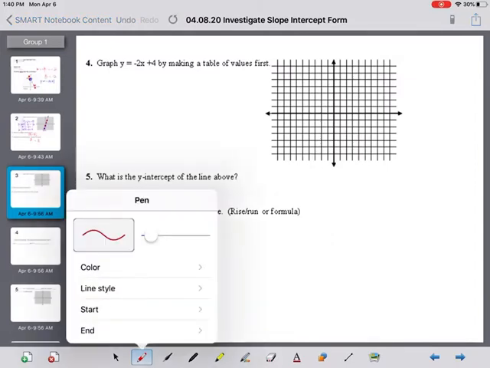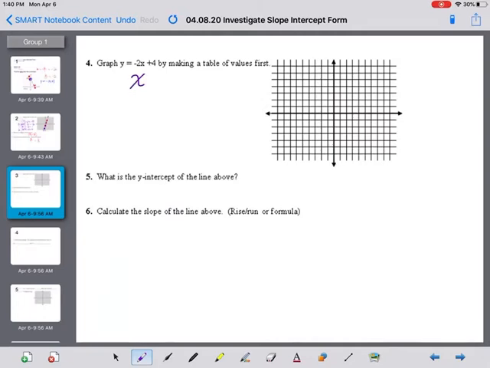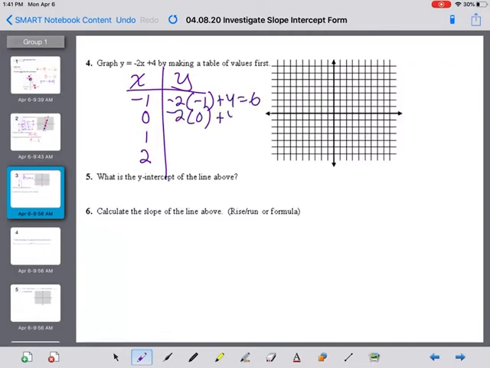Okay, let's look at another problem. So make the table of values for y equals -2x plus 4. I'll use the same table, same values here. -2 times -1 is 2, plus 4 is 6. -2 times 0 is 0, plus 4 is 4. 1 will give us 2, and then 2 will give us 0.